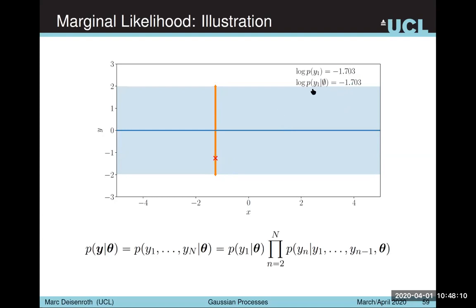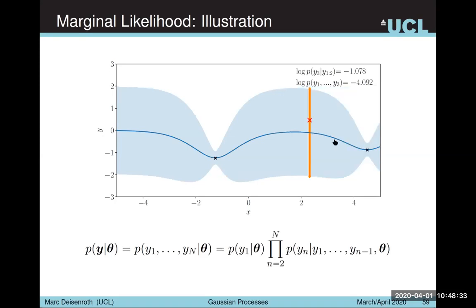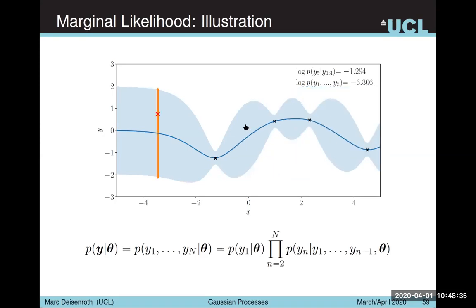In the second row is the predictive distribution of the current observation given all previous observations. This empty set will disappear in a moment and be replaced by observations that we already have in our training set. If we do this sequentially, we get something like this, and you can see the GP changing.